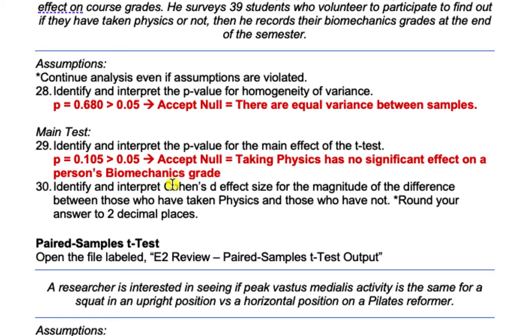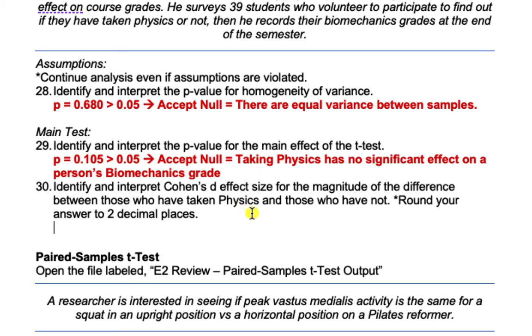And then I've asked you to identify and interpret Cohen's d effect size. So the identification is actually the calculation of Cohen's d. And then I've asked you to round your answers to 2 decimal places.